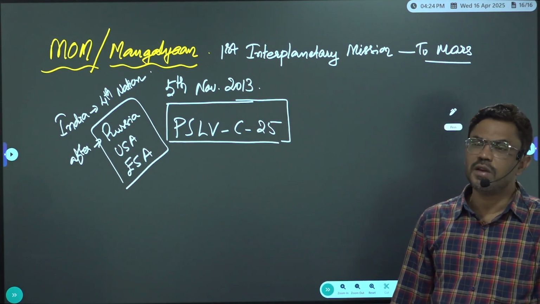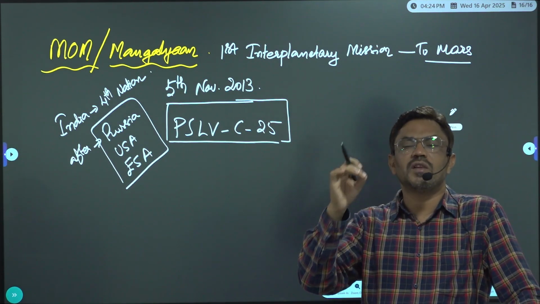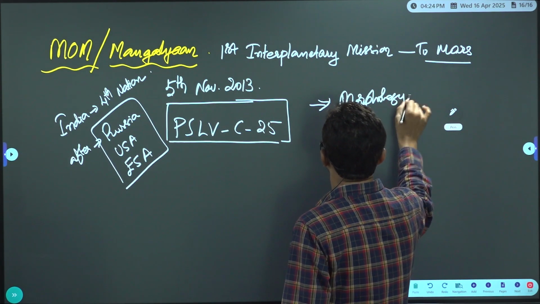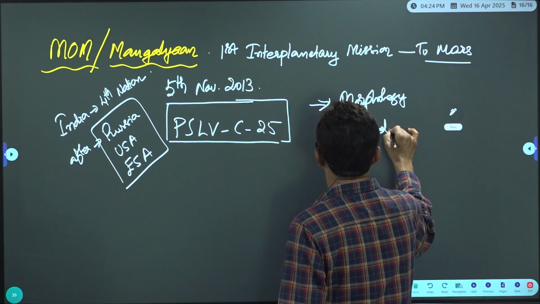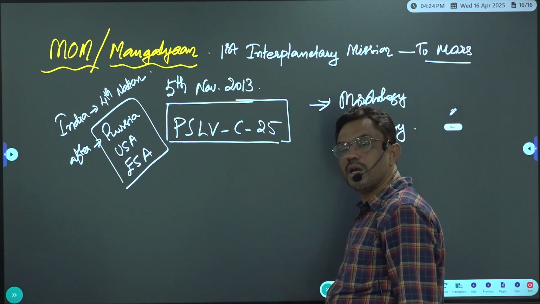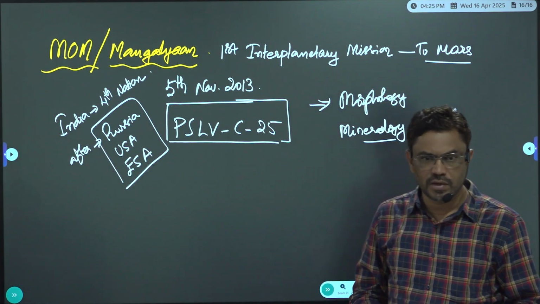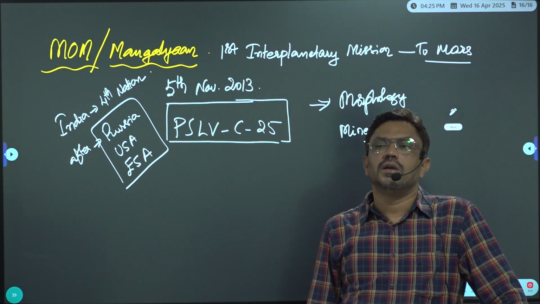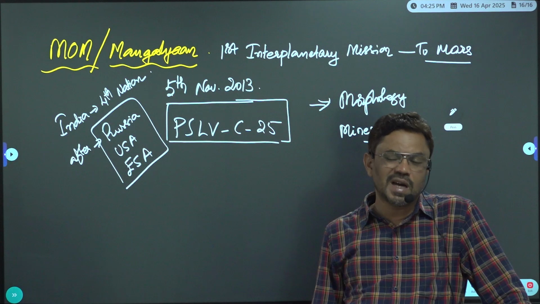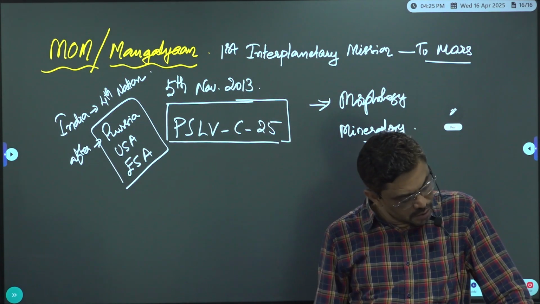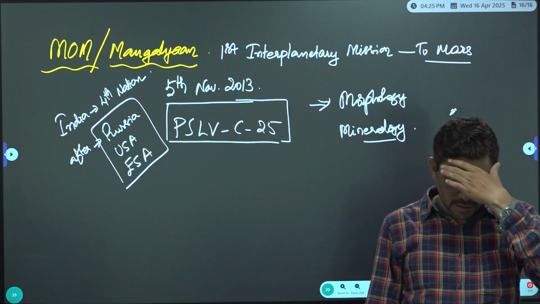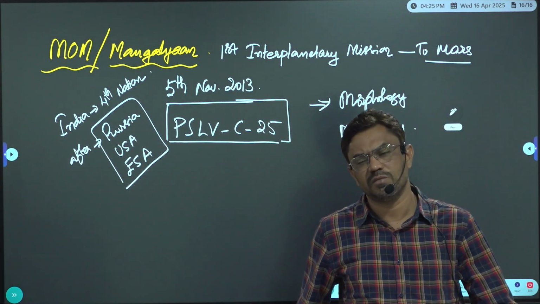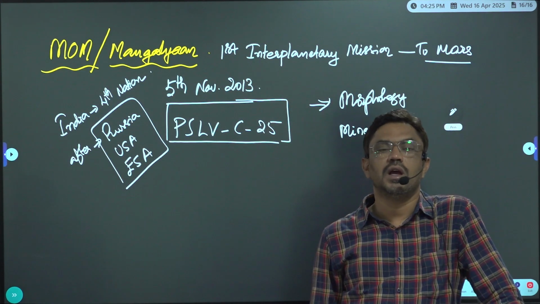So what is the main objective of this Mangalyaan? To explore morphology, that is external features, mineralogy, and whether there is any possibility of existence of life.